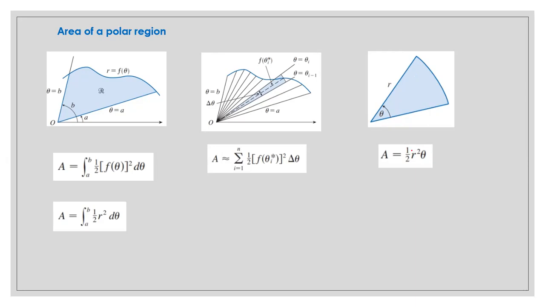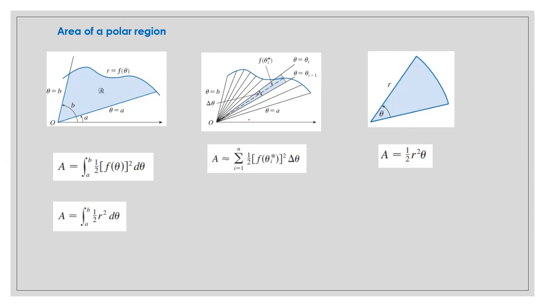So it's theta over 2 because we are relating to pi r squared, and r squared is the area. That is the area of a sector that we learned in geometry.